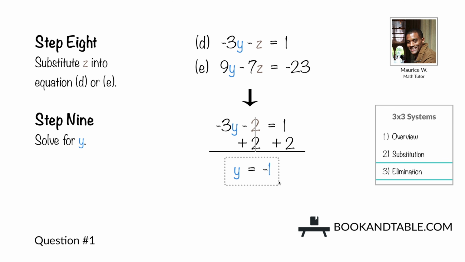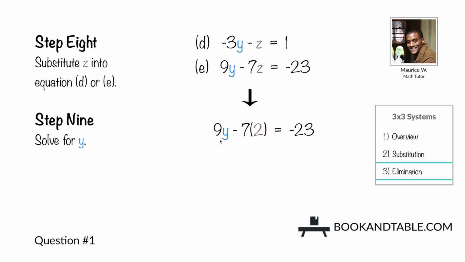And we also could have arrived at this value for y by plugging z is equal to 2 into equation E instead. That would give us 9y minus 7 times 2, which is 14. And that's equal to negative 23.